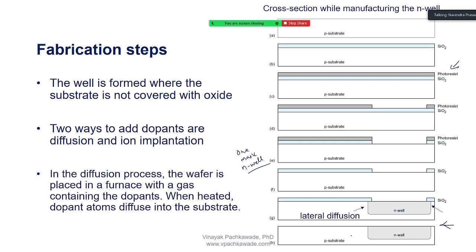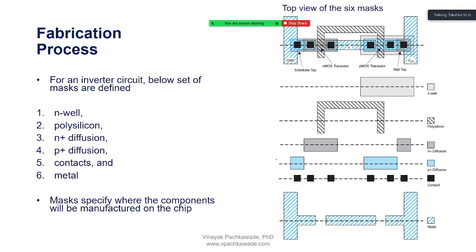Mask means what, sir? A mask is a layer or a rectangle where we want to fabricate the device. For example, I say this is the mask of the N well. It tells me that I am covering that portion with a special material and allowing the light to pass through the rest.